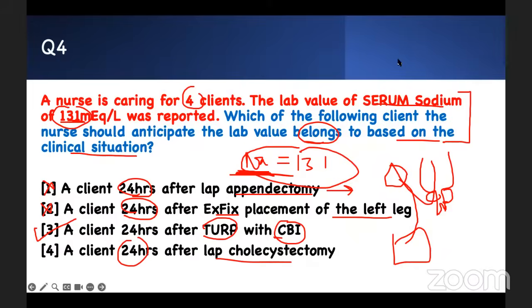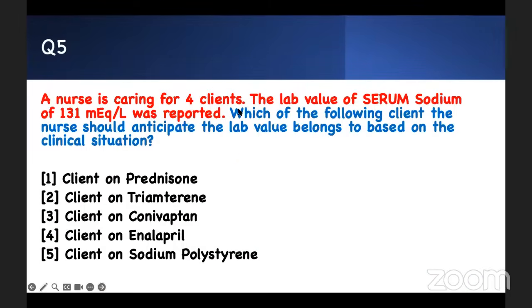So 3 is your problem. This is a little bit slight thinking with this question, a bunch of words, but it's the same thing. You just have to rewrite it again. Which of the following clients should the nurse anticipate the lab value belongs to based on the clinical situation? The client's sodium is what? 131. Or I'm asking you, which of these will cause hyponatremia? That's all. So figure it out. Which one will cause hyponatremia?